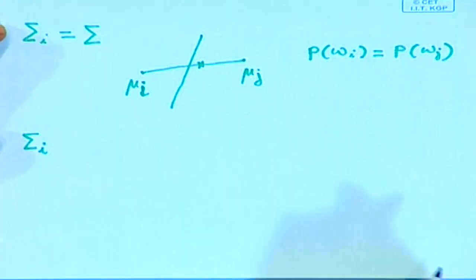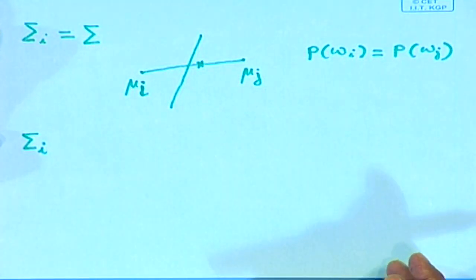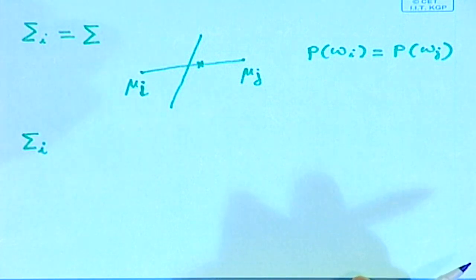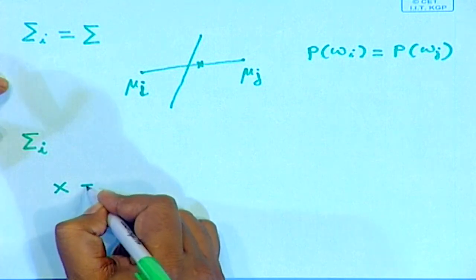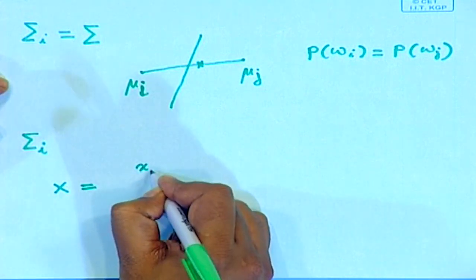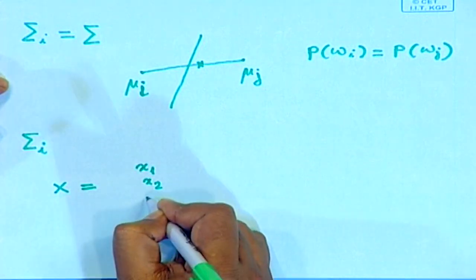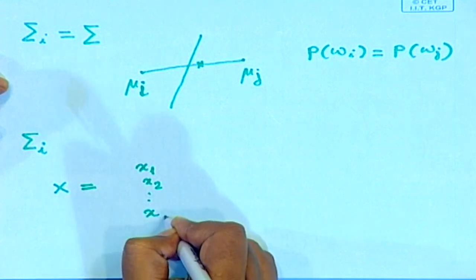However, in all these three different cases that we have discussed, we have assumed that the feature vector x is continuous, or the individual components of the feature vector x are continuous, because our feature vector x is nothing but a d-dimensional vector having the components x1, x2 up to xd.